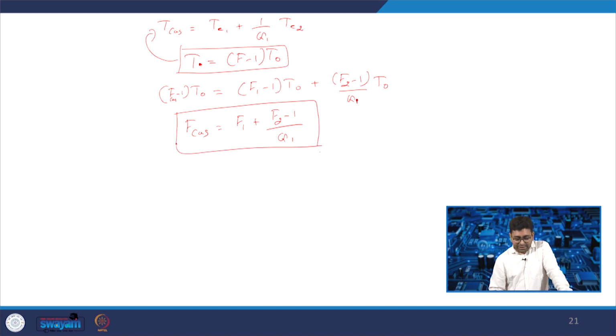Now what it says is that your cascaded noise figure F is equal to the noise figure of the first system F1 plus F2 minus 1 by gain of the first system. So your cascaded noise figure has a direct relation with the first component of any receiver system. When we are designing the receiver noise figure, the first component is important.